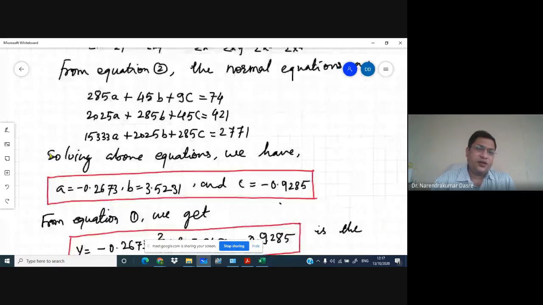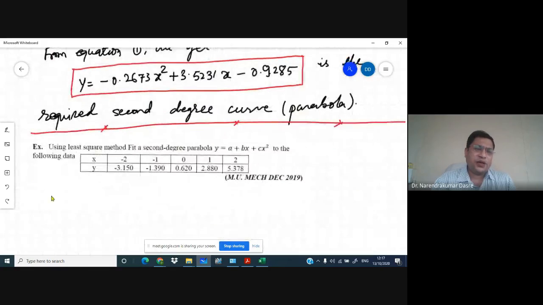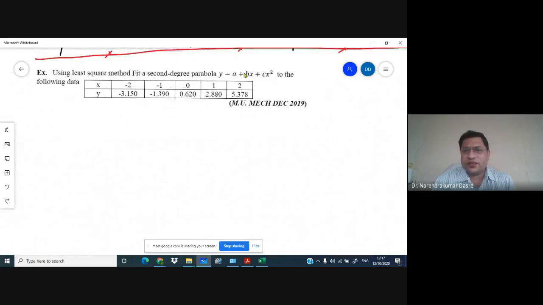But here the equation is given, so we have to use this. It says using least square method, so we are going to use only one method, the least square method, and that's why the choice of method does not matter to us.